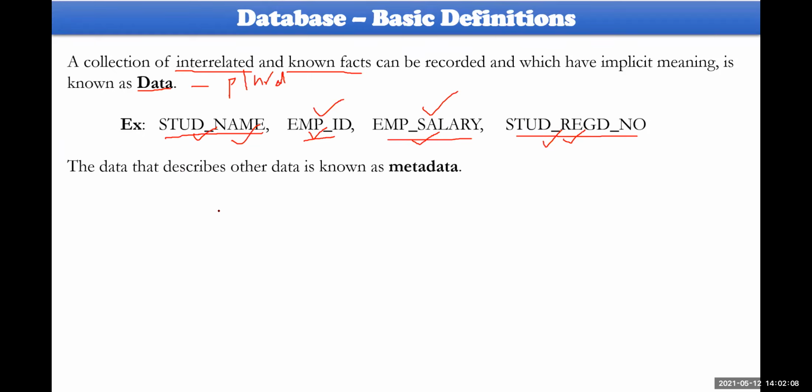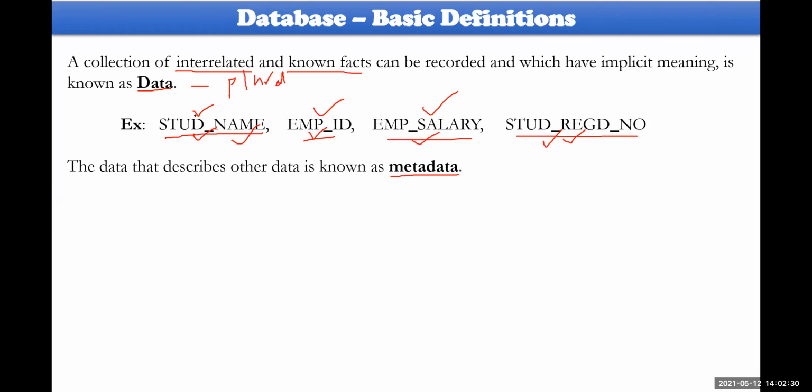Then data that defines data will be called metadata. Data about data. Here, for employee and student name, we don't know what kind of data it could be, or what the purpose of the data is, whether it is all characters, numbers, or dates.